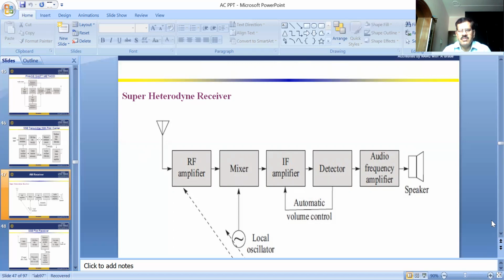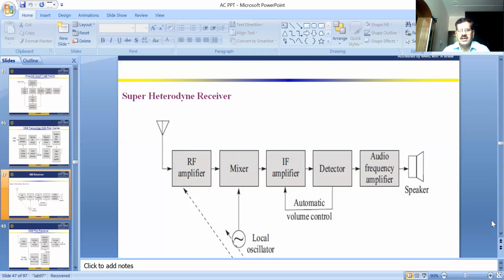This IF amplifier selects a particular frequency from the mixing network, because in the mixing network there are two signals: one is the RF signal and the second is the carrier frequency signal.